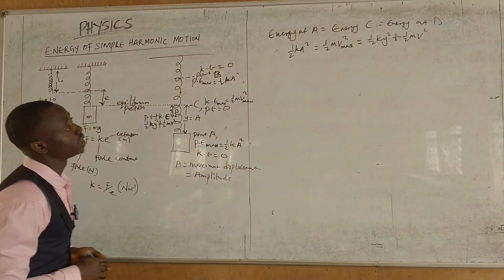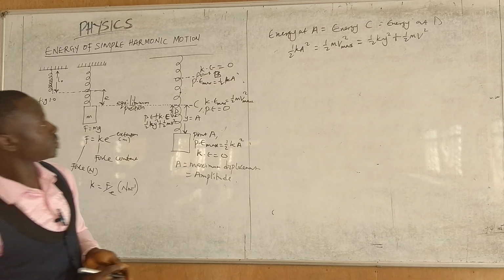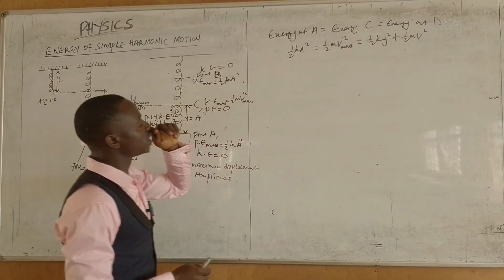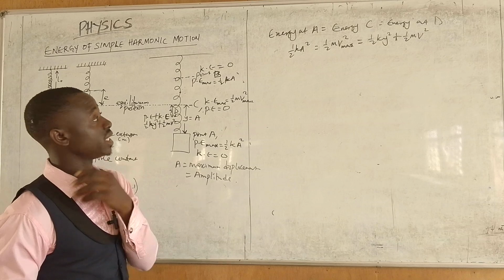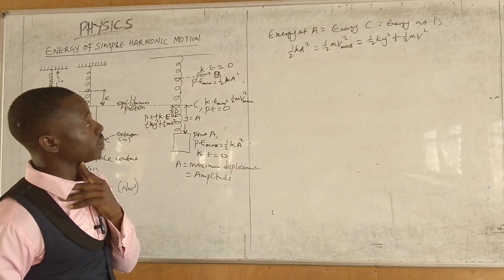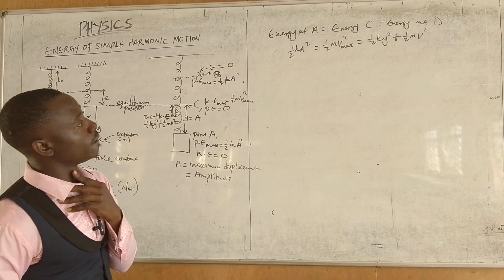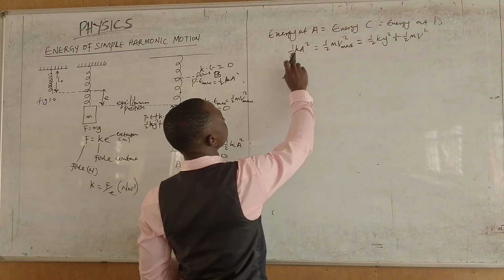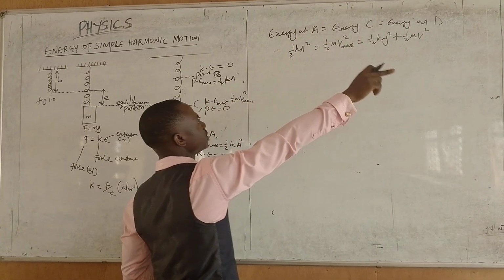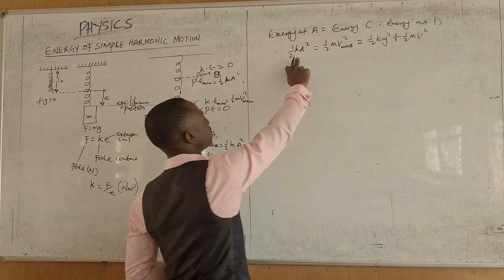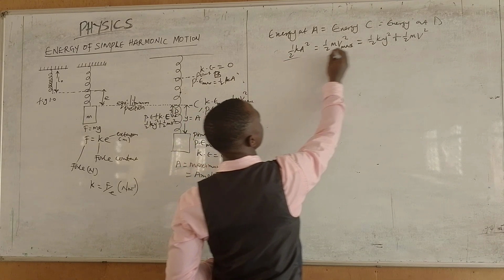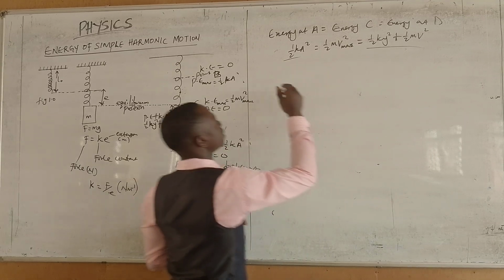Okay? So from this equation, I can equate any of these equations again, just like I've been doing before. I want to get a formula out from here again. Let me equate energy at A to energy at D. What will I have?